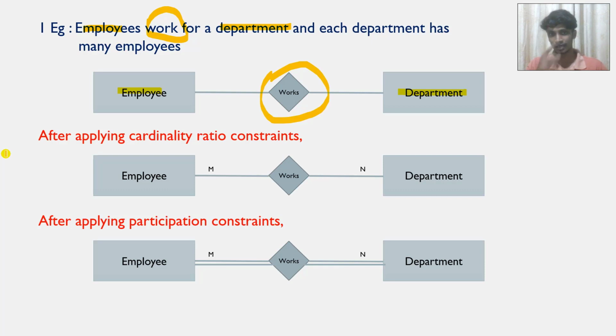So after applying the cardinal ratio, there will be M and N. Maybe this is okay, but I have made some mistake over here.